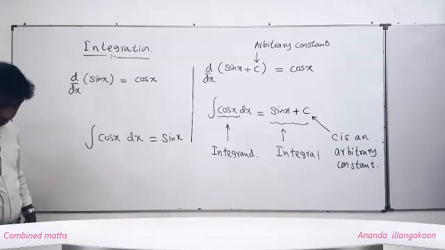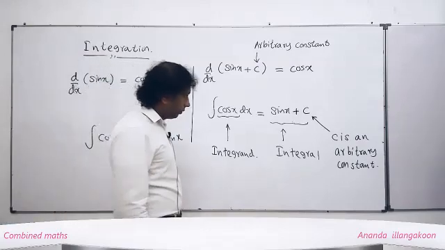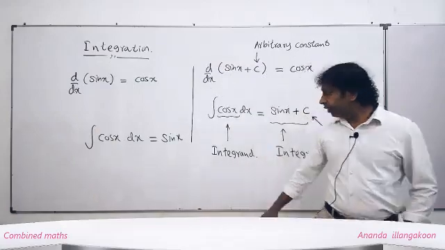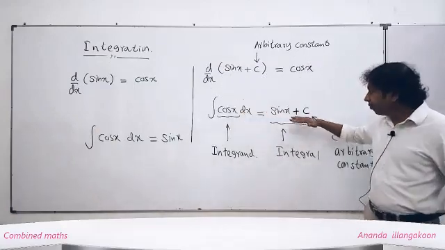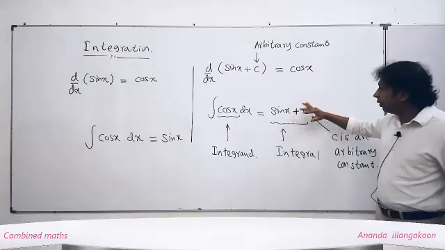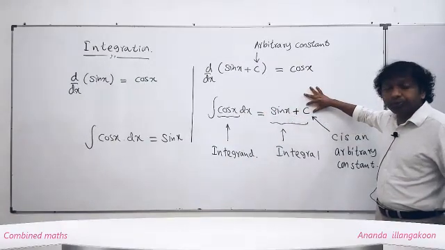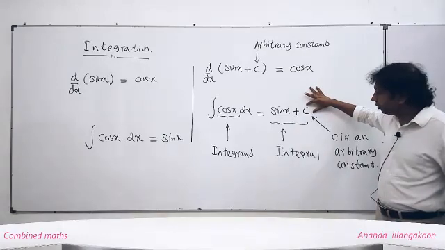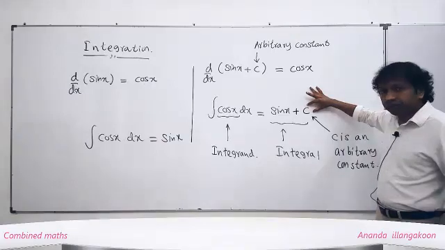Right. People, now in this case, after integrating this cos x function, this is the general answer. In this, C is an arbitrary constant. Arbitrary means any constant we like. We can put any real number in the place of C.